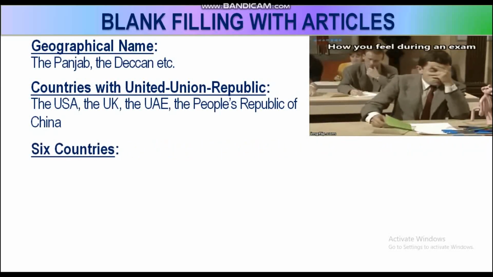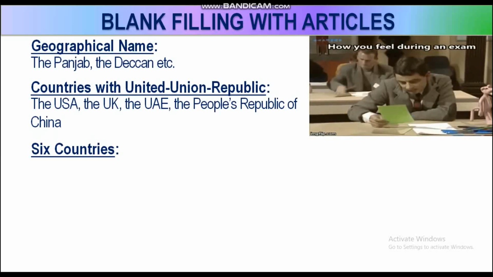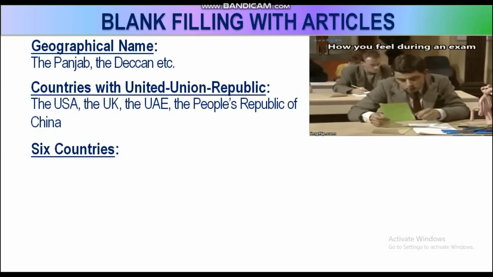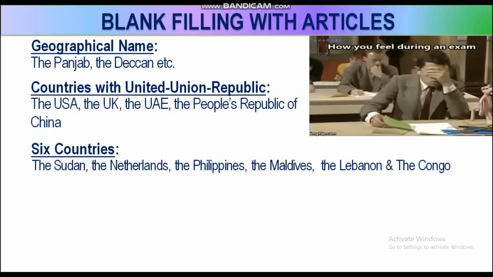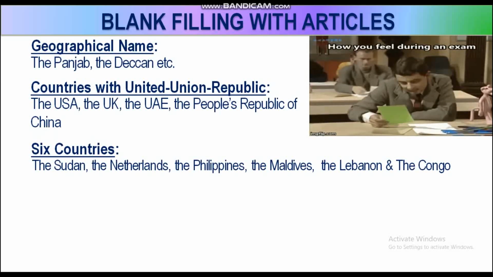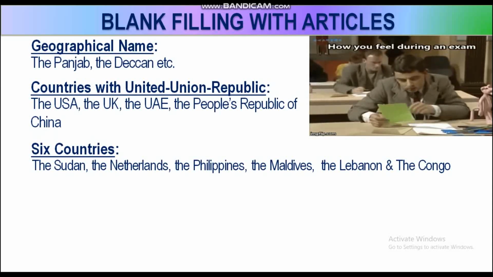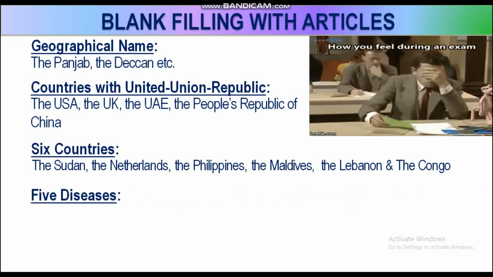Six countries. Article the is used before six countries, and the countries are the Sudan, the Netherlands, the Philippines, the Maldives, the Lebanon, and the Congo. Five diseases.